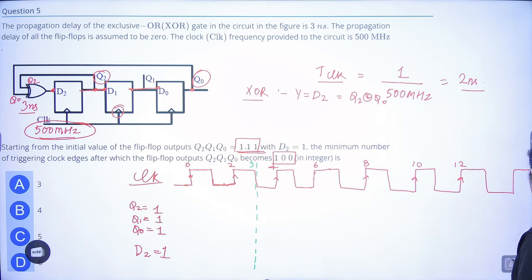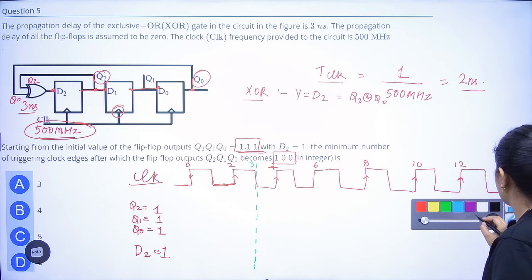Three nanosecond is the delay for your XOR gate, right?